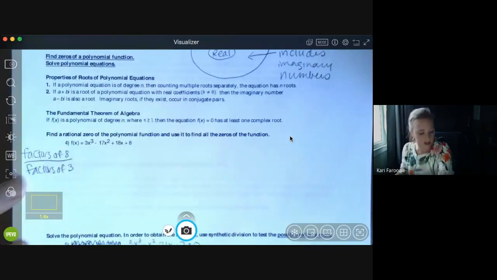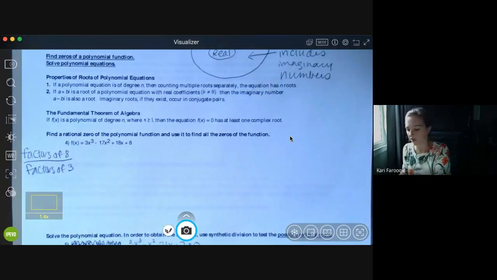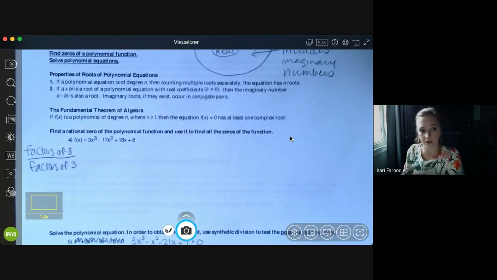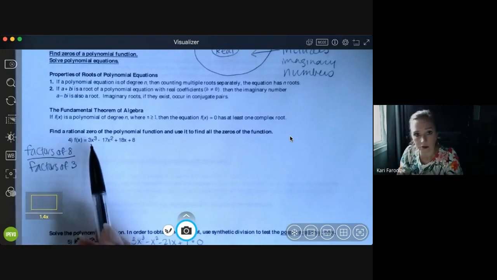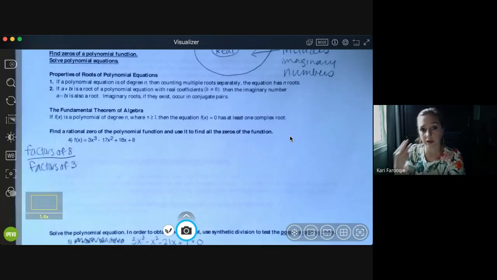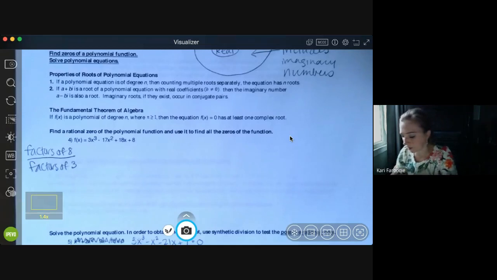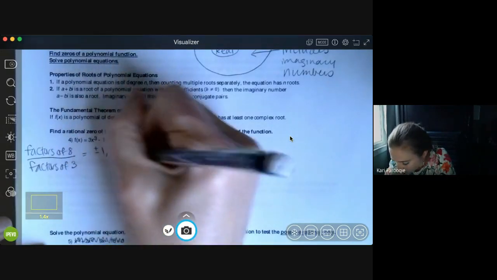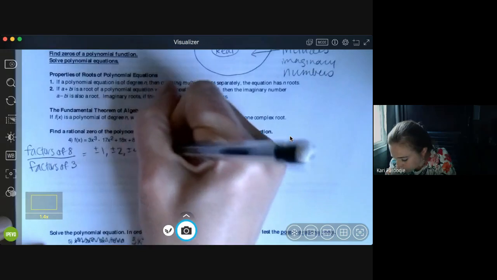And we're going to take this and we're going to generate a list of possible rational zeros. We're going to find one that works. I'm going to show you a shortcut for that, but you're still going to have to show your work. And then we're going to solve for the remaining zeros. Now, this is a third-degree polynomial. You're expecting to find 3 roots. So your factors of 8 are 1, 2, 4, and 8.